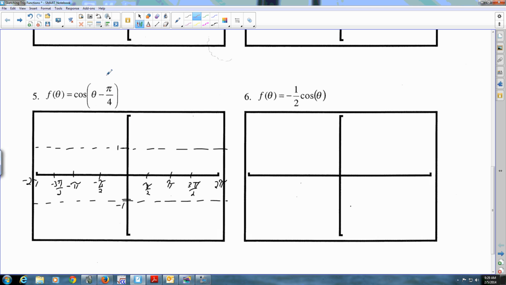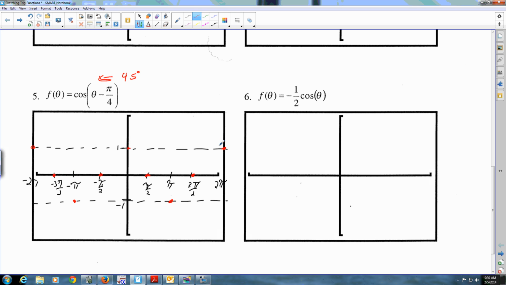They've all been shifted left 45 degrees, or pi over 4. So I'm going to do where they're supposed to be first and then mark where they are now. You're supposed to start up, end up. Halfway in between you're at 0, halfway between those you're back at 0. Start up, end up, halfway between you're down, halfway between those you're on your center line.